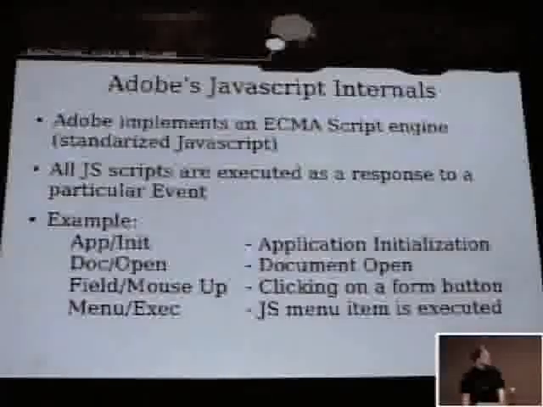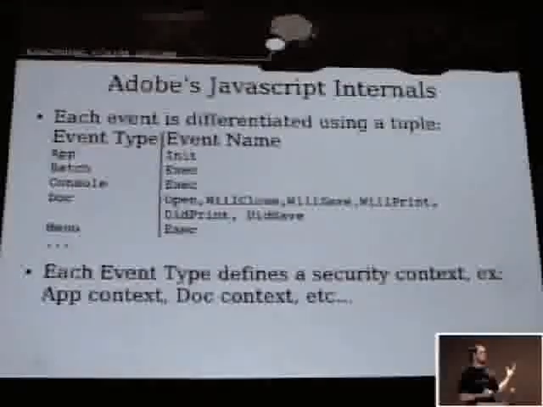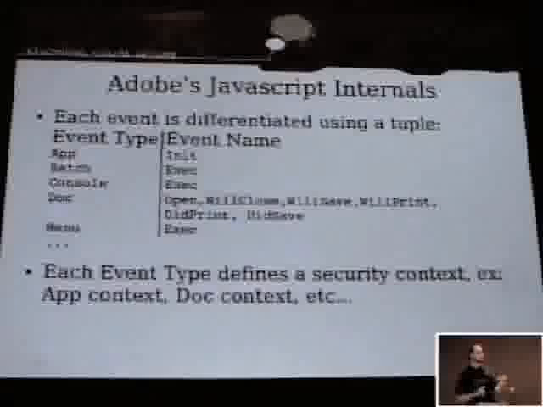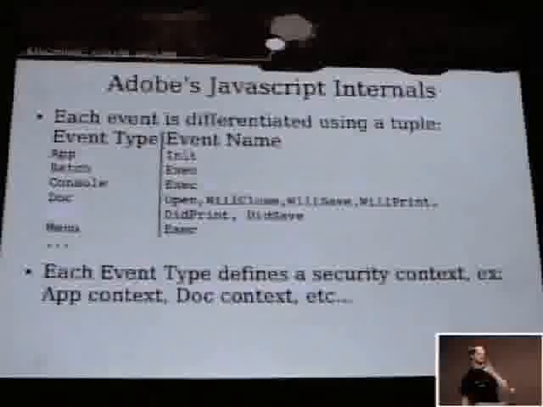Here we have some examples. Each event is a tuple. You have an event type, which is app, batch, console, doc, page, or menu, and you have a name, init, etc. Each event type defines a security context, such as the document security context, the application context, and so on.